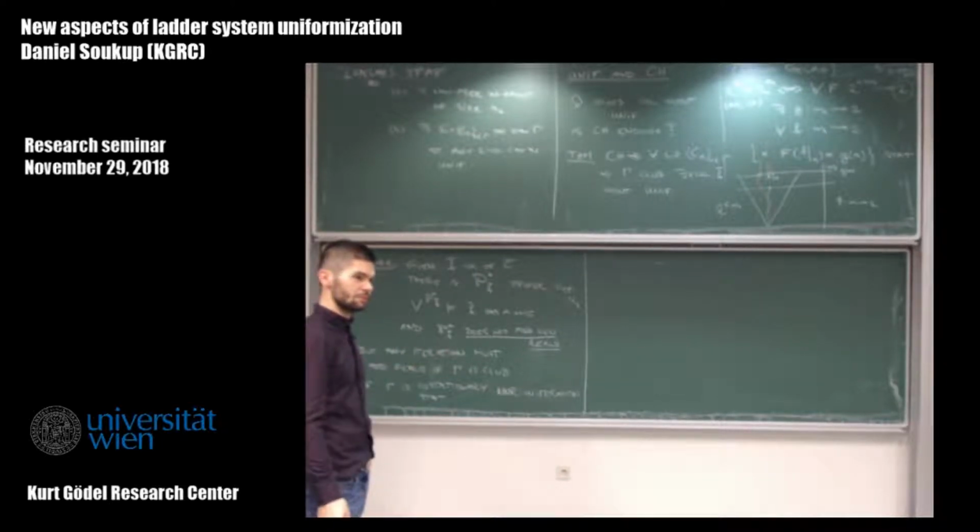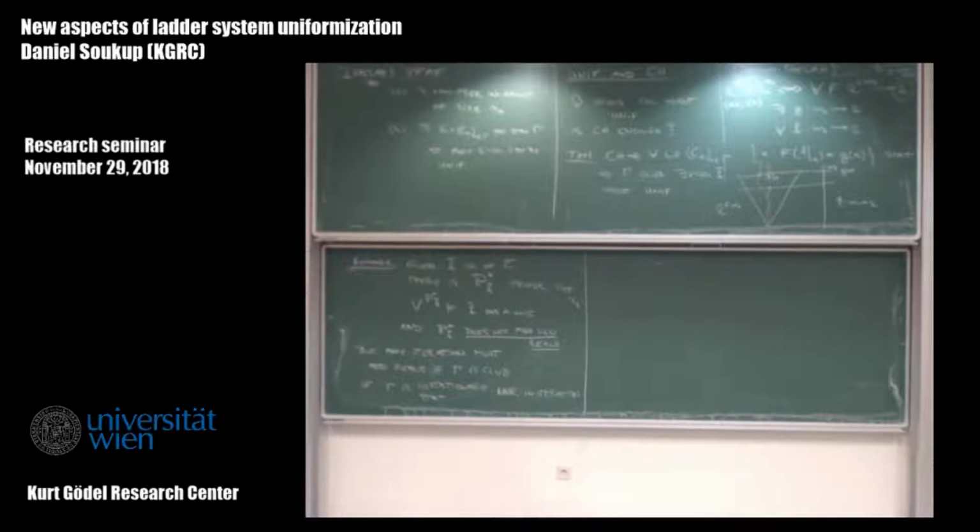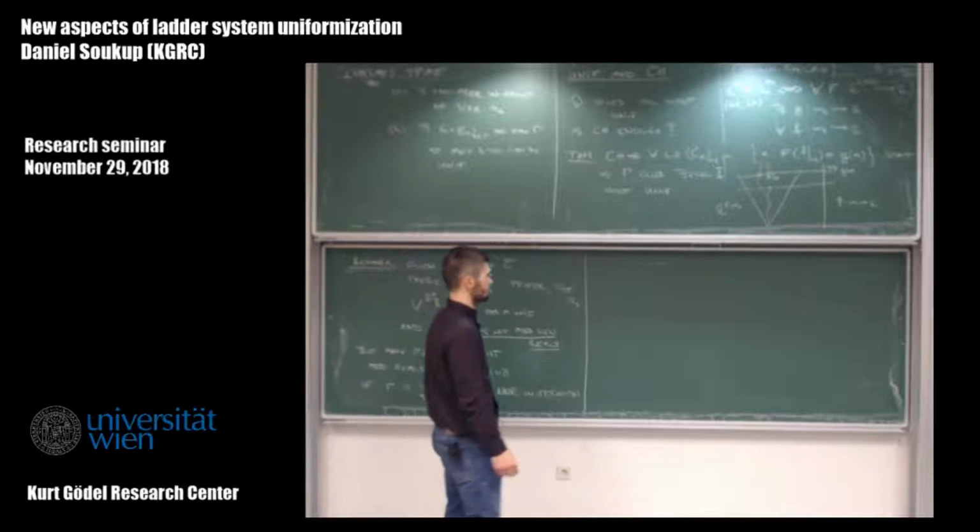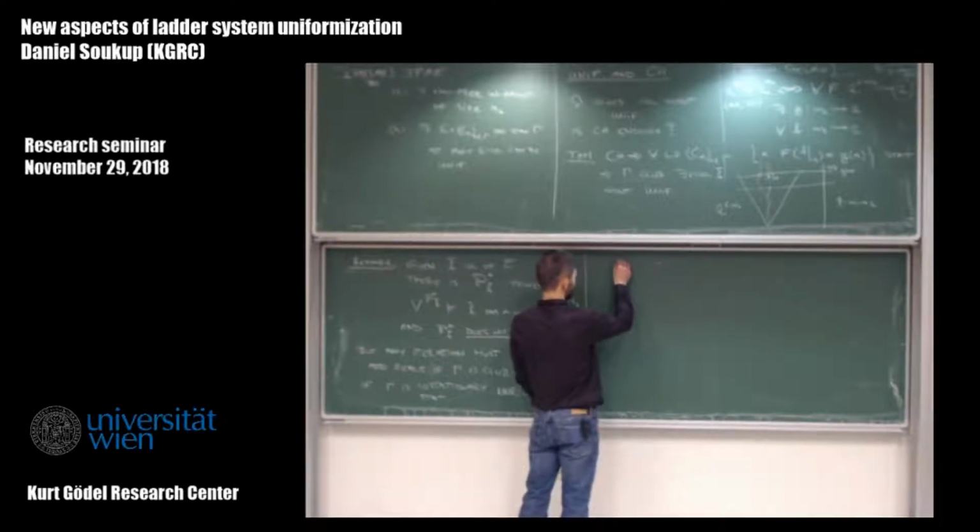Is this forcing just like countable approximations, and you prove that every countable elementary submodel has a complete master condition? Exactly. So if you imagine this is omega-1, and a condition is just a countable approximation.